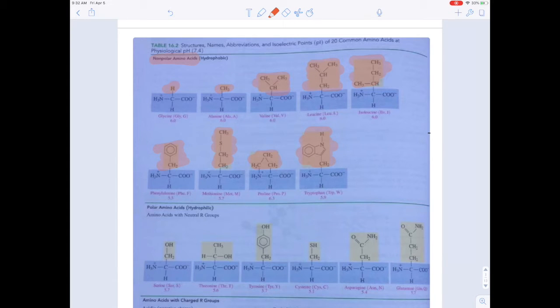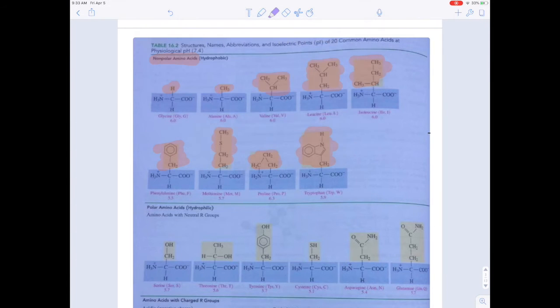So those are all nonpolar, and another term for nonpolar is hydrophobic. Hydro is referring to water, and phobic, a phobia is a fear. So these R groups fear water. In other words, they won't mix with water, and that should make sense, because like dissolves like, water is polar, and these R groups are nonpolar. So they wouldn't mix with water, and they're hydrophobic. So all of that's listed on the table for these.